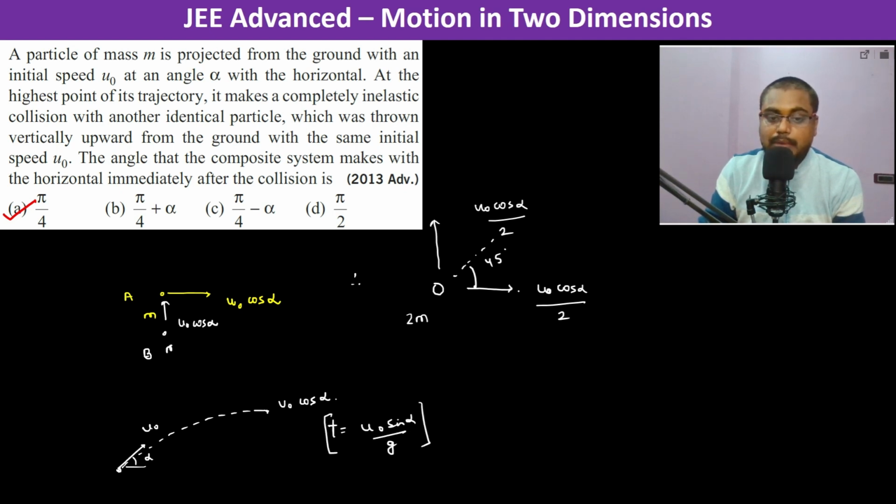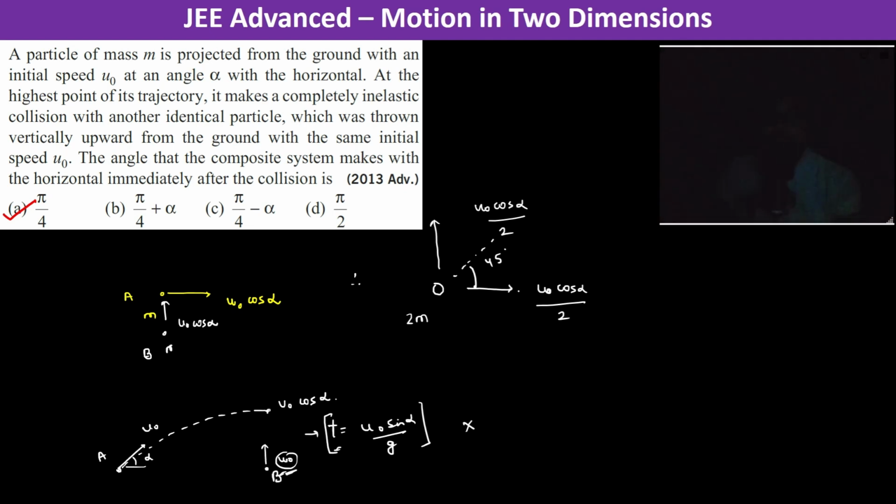A common mistake is to assume that B has also traveled this time t and therefore calculate its velocity that way, but that will not work, because B was not thrown at the same time as A was thrown at an angle alpha.